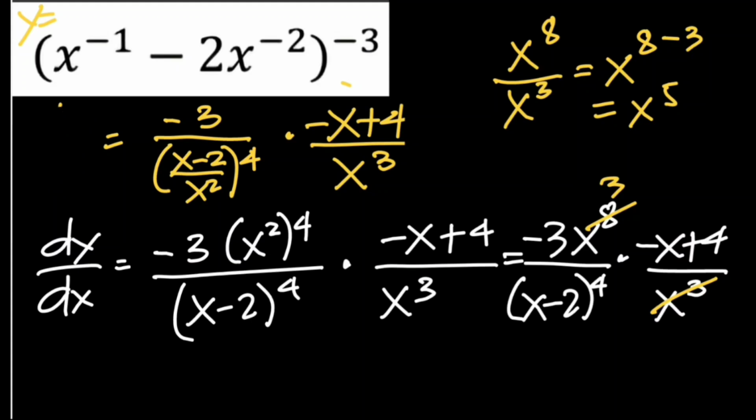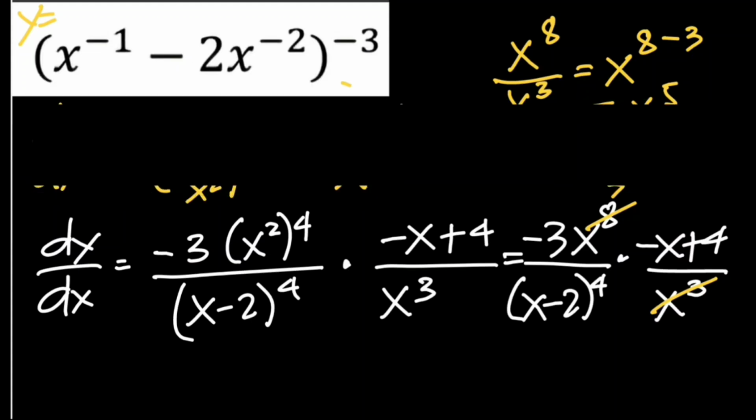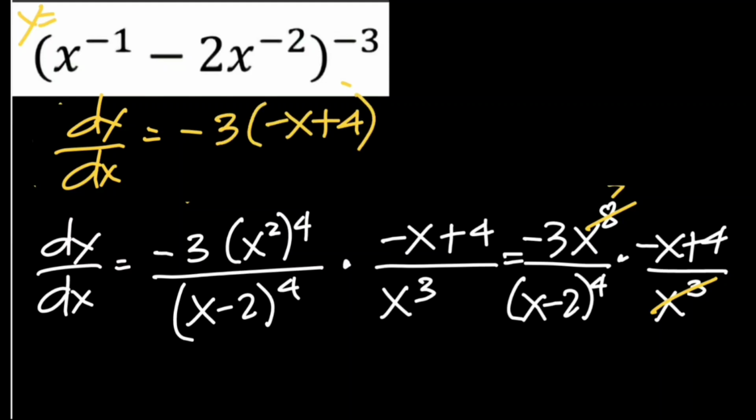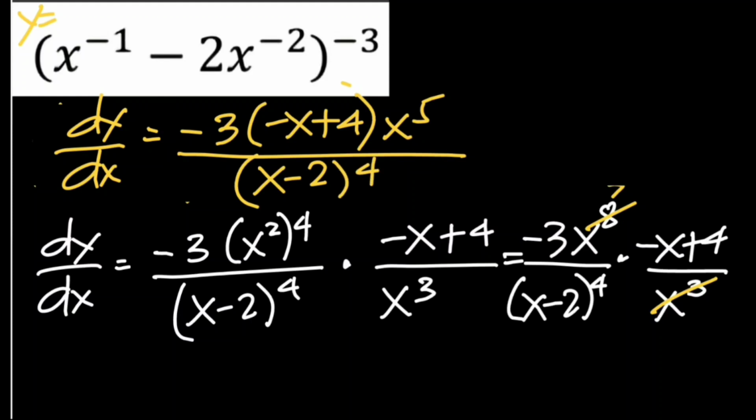Therefore, dy over dx would just be equal to negative 3 times negative x plus 4 times x to the 5th over x minus 2 to the 4th.